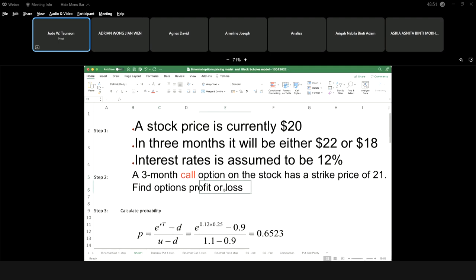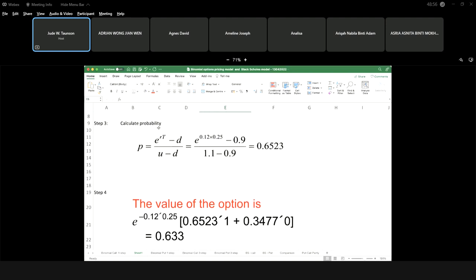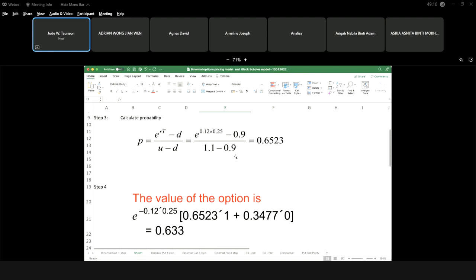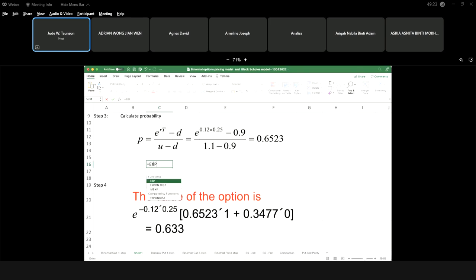So next step is to calculate the probability. Okay, the probability, this is the formula. It's given, and you can get it from Excel, from the PowerPoint slide. Okay, let us do it together. Equal to, I'm going to show you exponential, times.